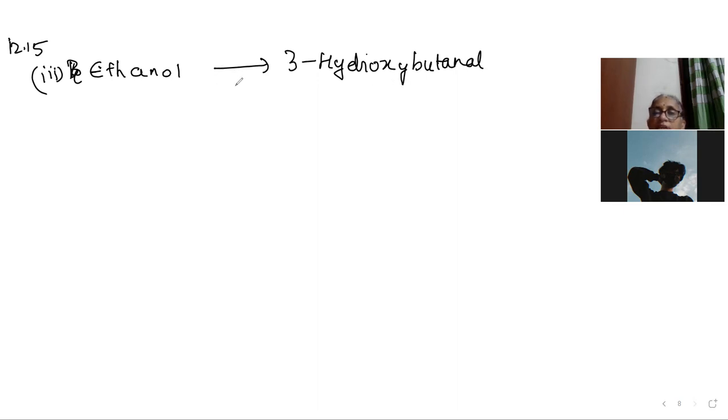But if they say, for example, from ethanol, then this will be the starting material. If these two compounds are separated by "from", then you have to start from the right one. If they say "to", start from the left one. So read the question properly before you start answering.